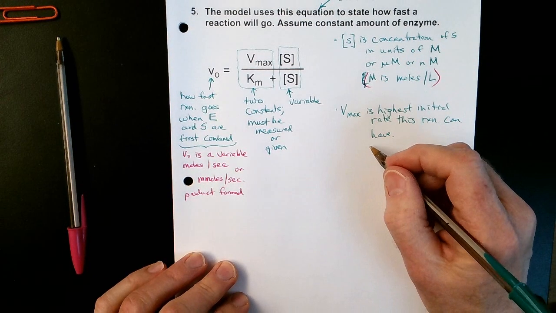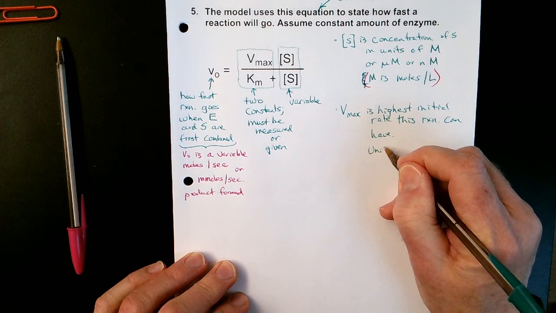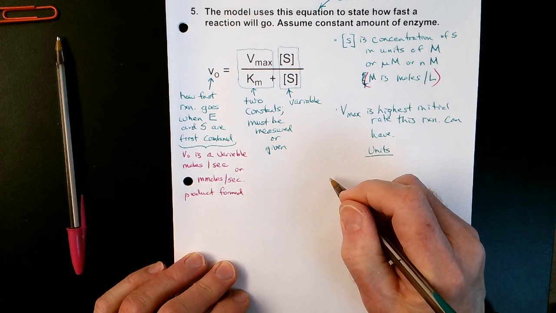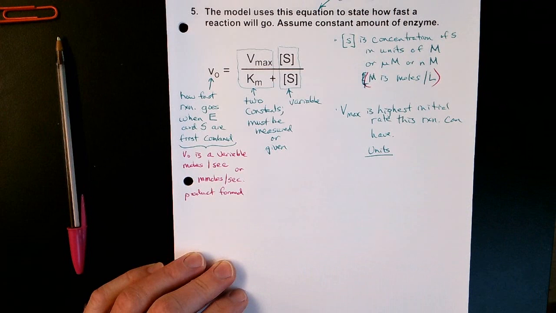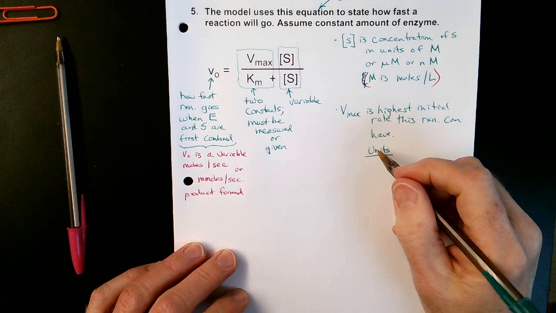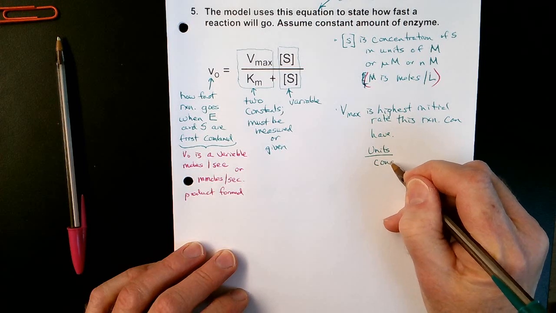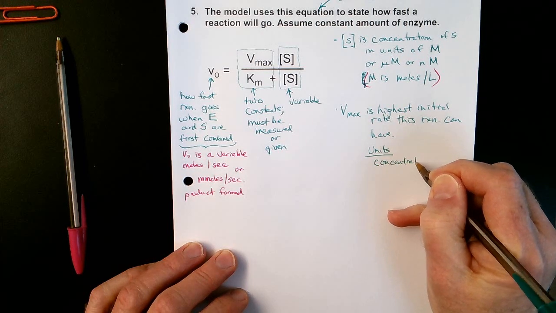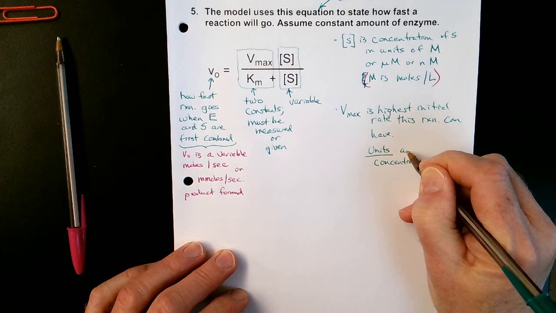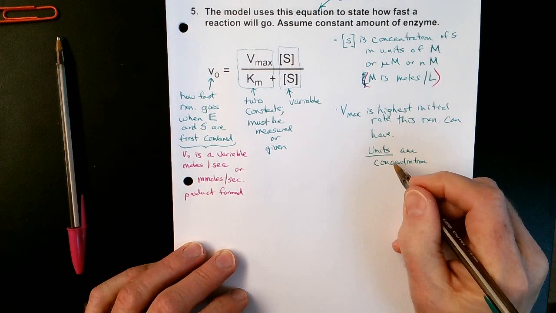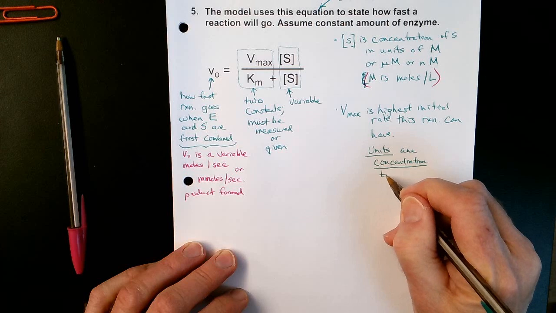Now you'd have some units here, and it looks like it's going to be awkward units, and it is. If you did this, what you'd find is the units are concentration divided by time.